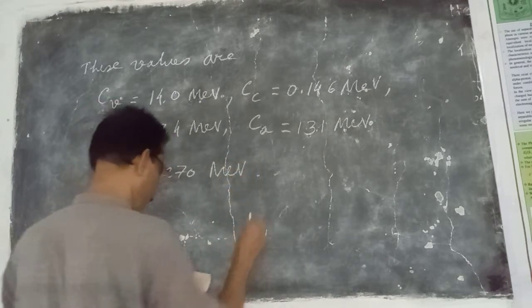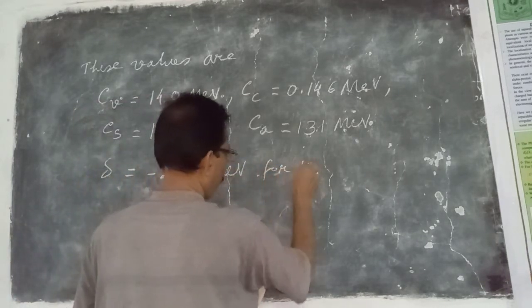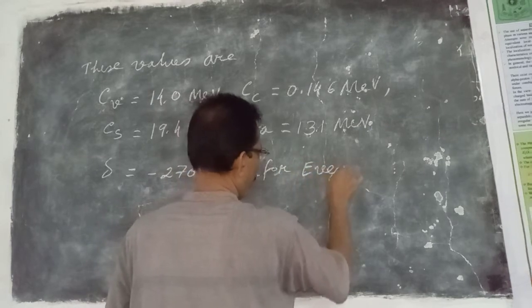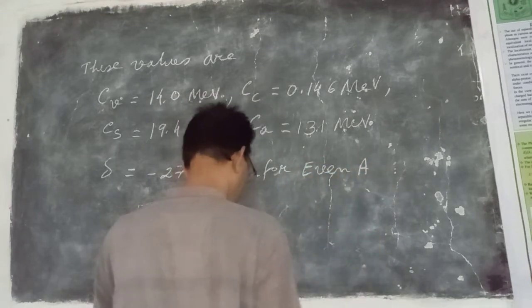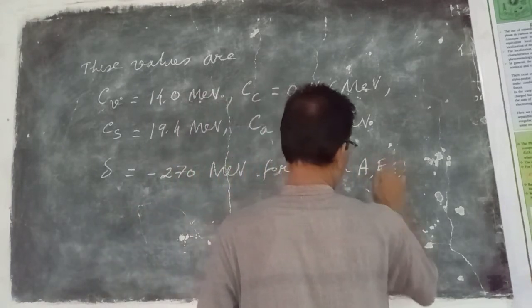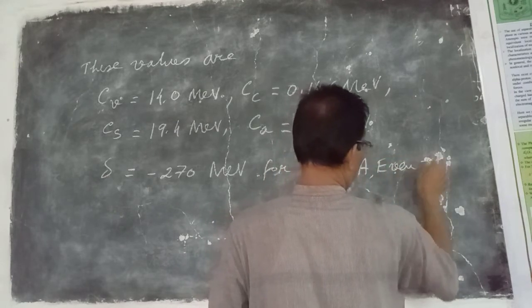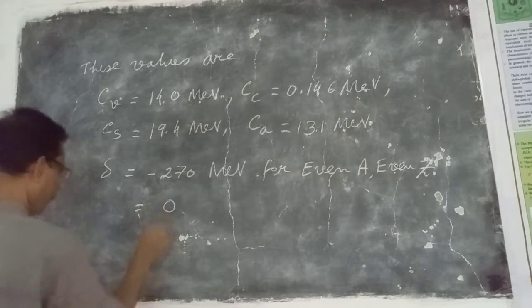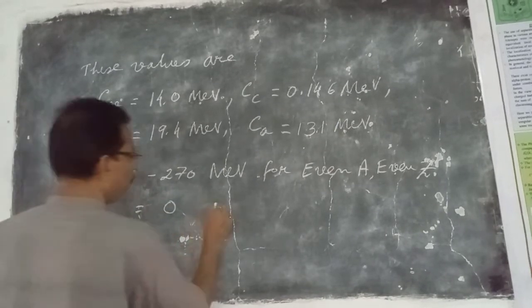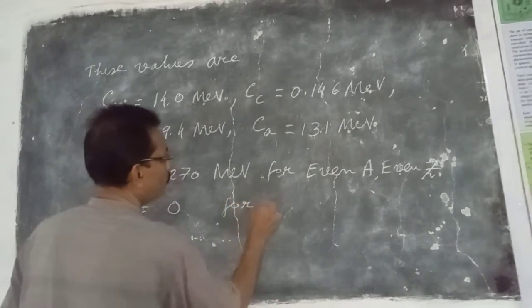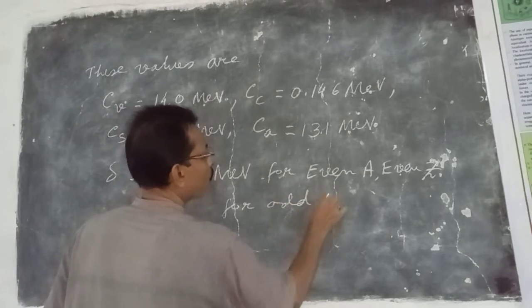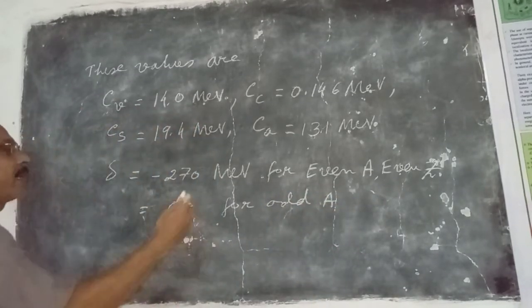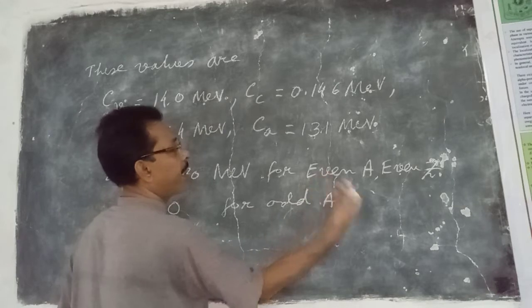for even Z, even N nuclei, and it is 0 for odd A. Either Z may be odd or N may be odd.